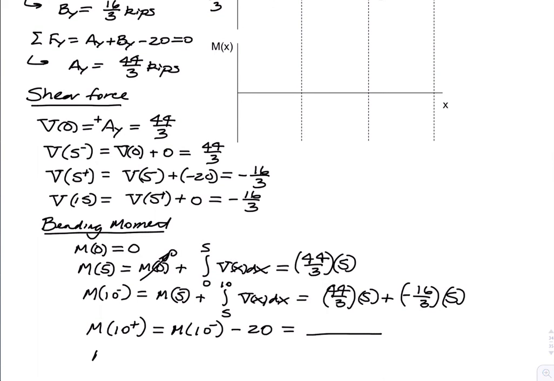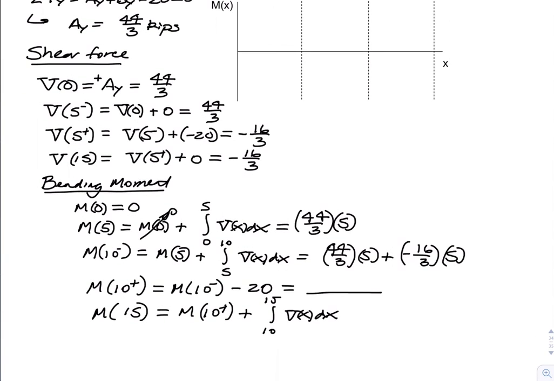And then the bending moment on the right face at 15 should be the bending moment at 10 plus the integral from 10 to 15 of v of x dx. And this amount here is going to be that amount plus minus 16 over 3 times 5.